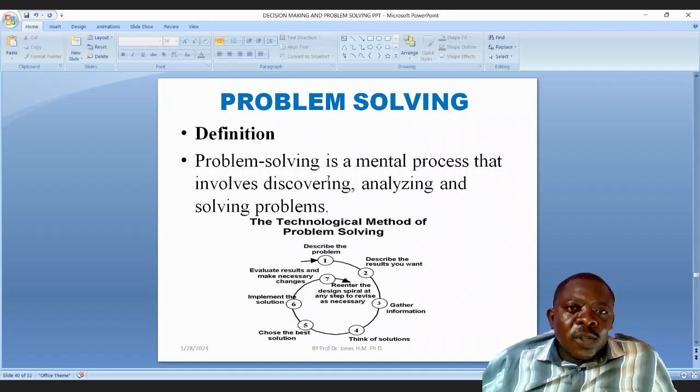So problem solving is also a mental process, a cognitive process that will involve discovering, analyzing, and solving problems. That is the definition of problem solving.